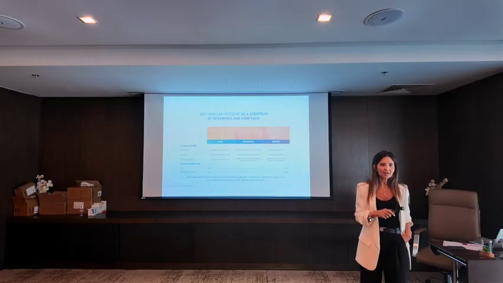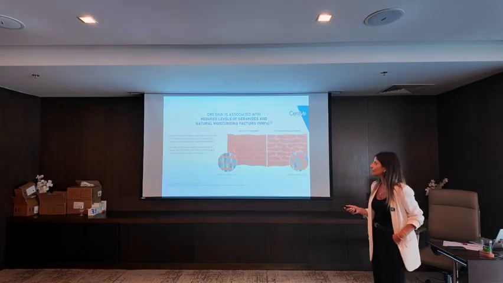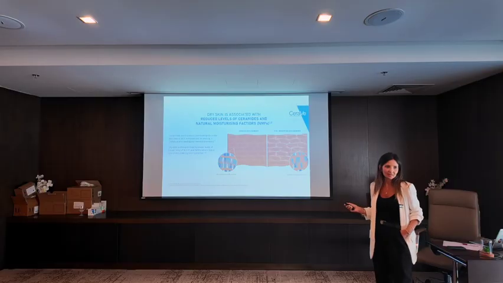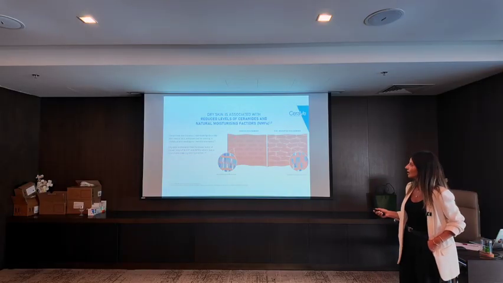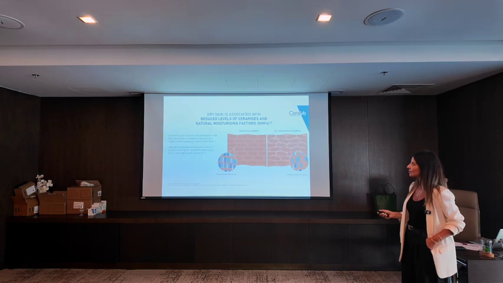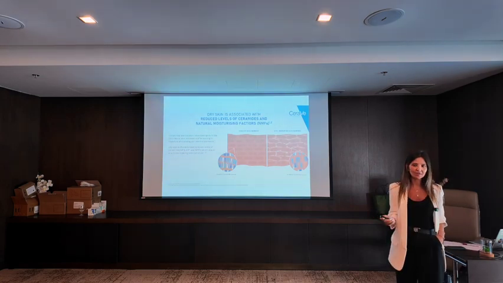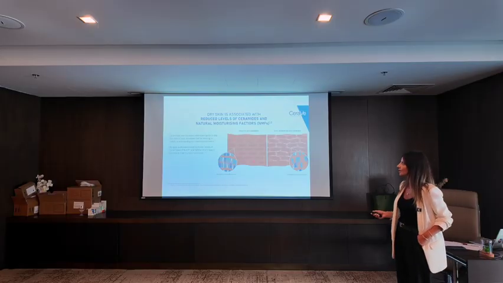If we look at the impact of skin dryness on the skin, this is a healthy skin. Here are the cells, keratinocytes, and here we have the cement between the cells, and healthy skin looks like that, right? It has a healthy ceramide level that is connecting all the cells together.